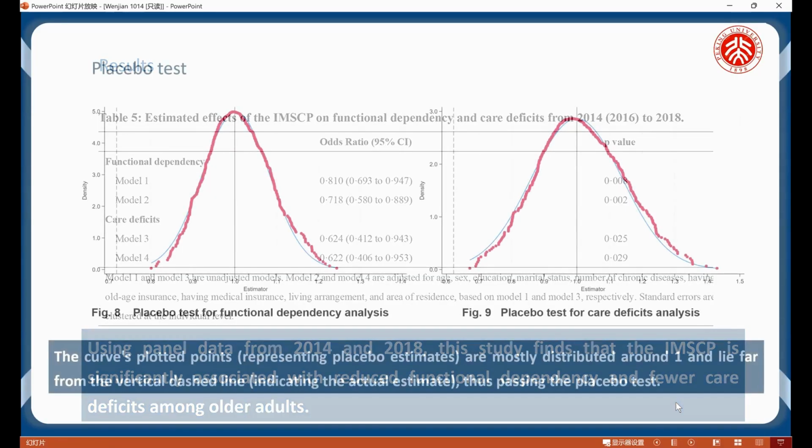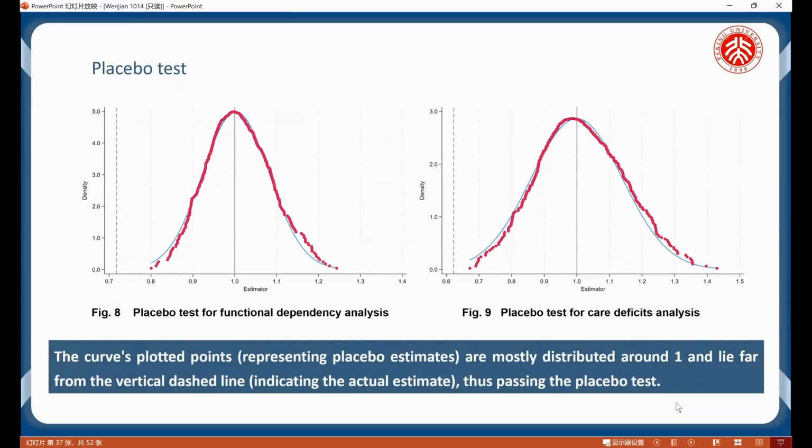We also conducted placebo tests. The placebo estimates in the curves are mostly distributed around 0 and lie far from the vertical density line, indicating the actual estimate passes the placebo test.